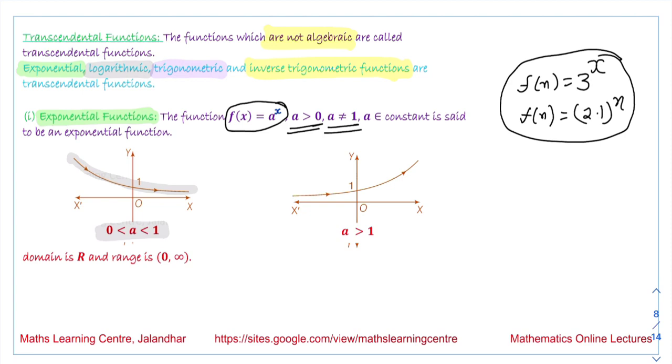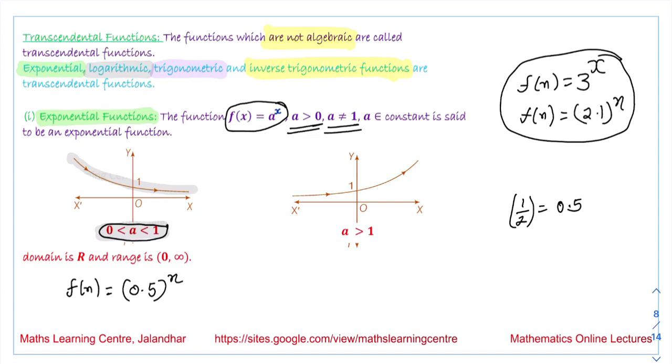So why are we getting this kind of answer? Because when the value of a is between 0 and 1, suppose we have taken a as 1 by 2, that is equal to 0.5. So the function is f(x) is equal to 0.5 raised to the power x. Now what will happen?